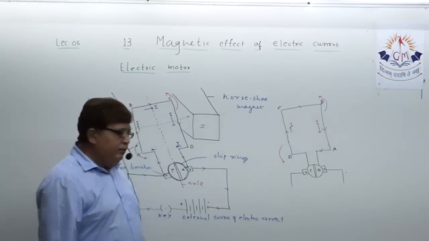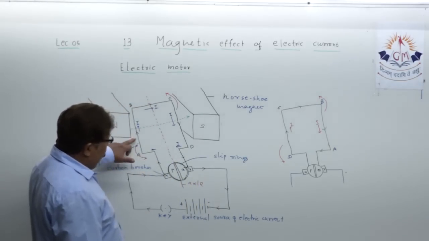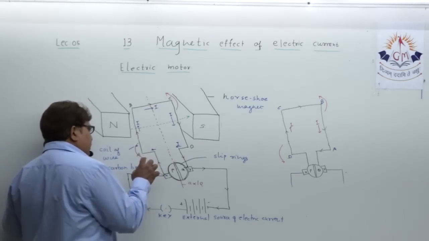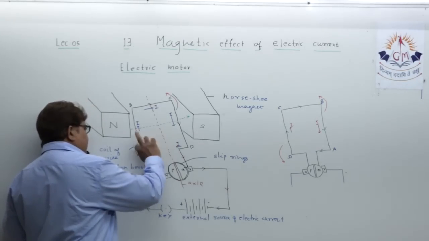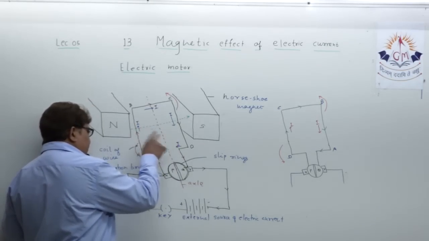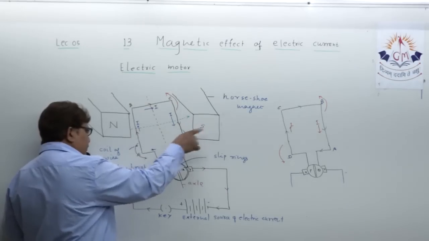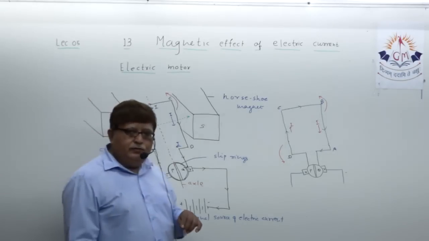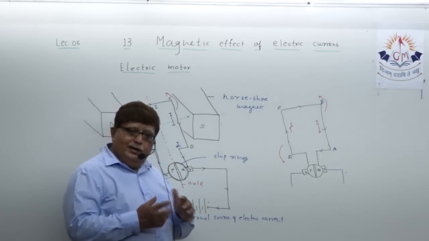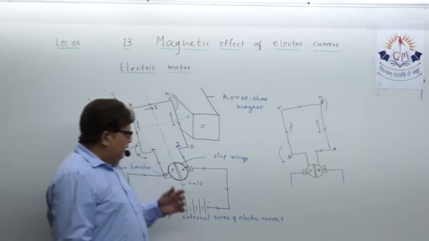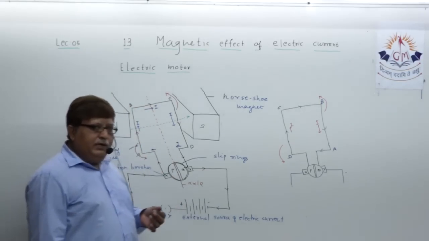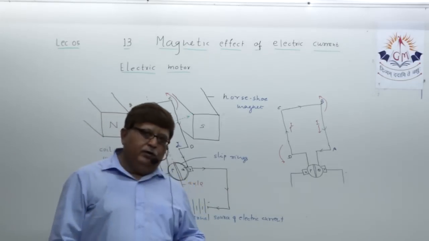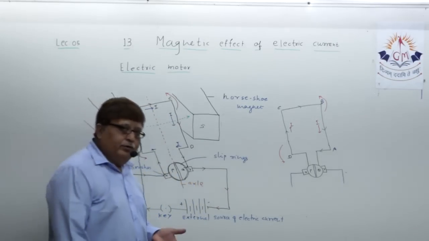Only the two ends which are going to be affected as per Fleming's law are AB and CD, which ensures the direction of current reverses and ensures the constant rotation of the coil, the armature solenoid, inside the magnetic field of the horseshoe magnet. This is the working of an electric motor. You understood?